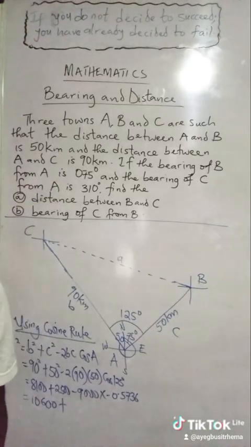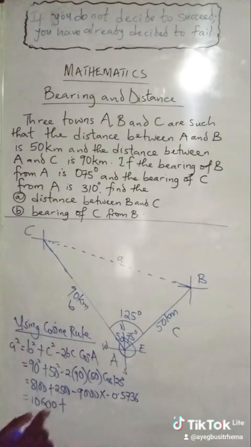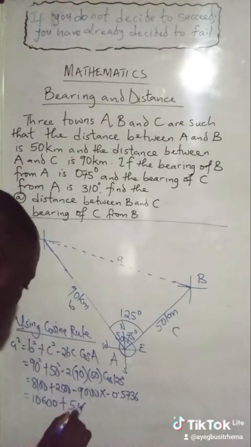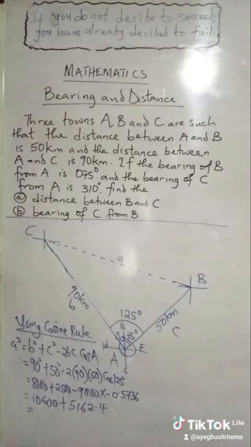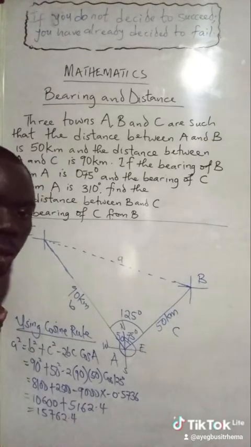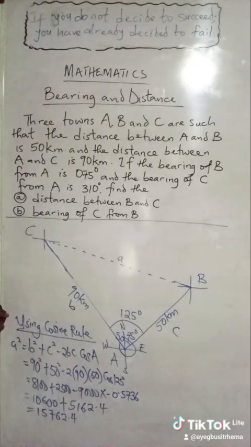Then 9,000 multiplied by 0.5736 is going to give us 5,162.4. So add it together: 15,762.4. Right? Don't forget we have a squared here.